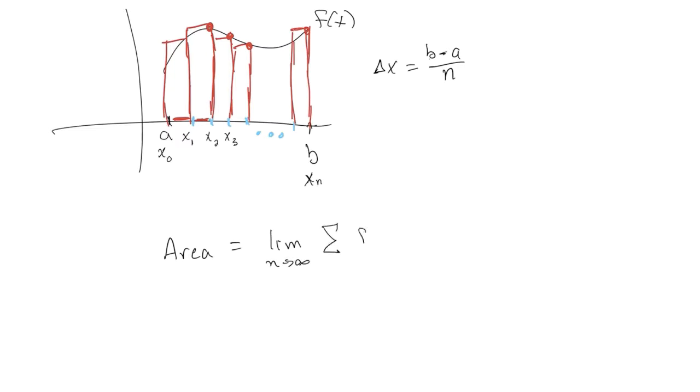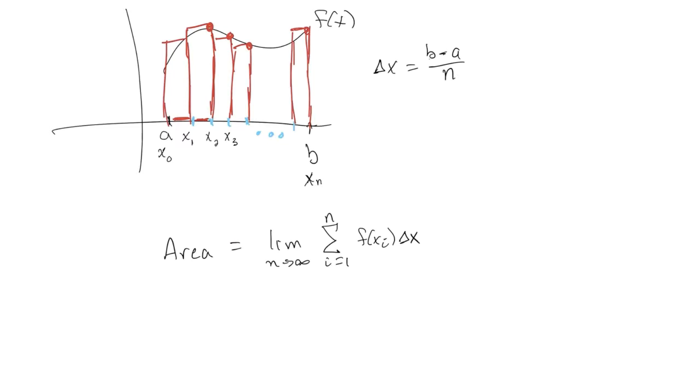So we had the function height for each rectangle and the delta x of each rectangle. So we're doing length times width, if you will, of a rectangle for all n rectangles, and we take a limit as n goes to infinity, and that would give us an exact area.